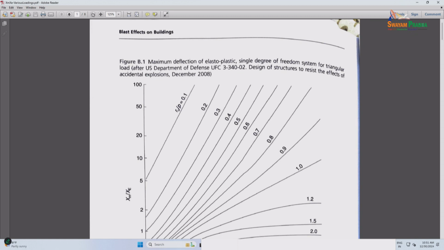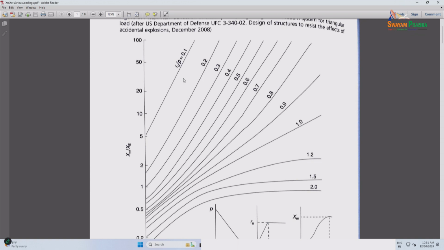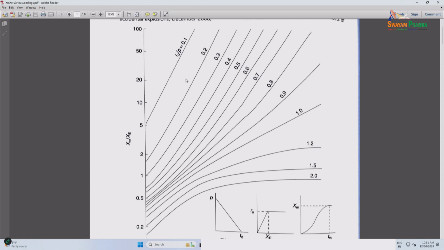This is the maximum deflection of an elastoplastic single degree of freedom system for a triangle load, after UFC 3-340-02. So you should find it in the UFCs also. So XM by XE, I think during the break or lunchtime I'll look at which curve it is and let you know. If one of you finds out, let me know.